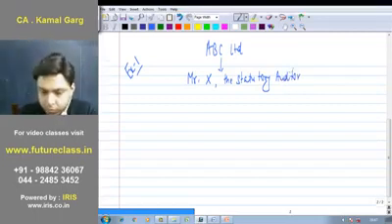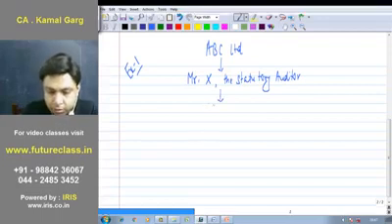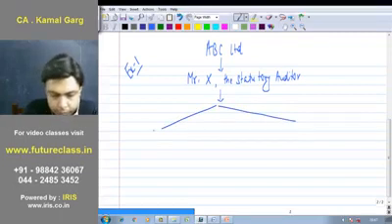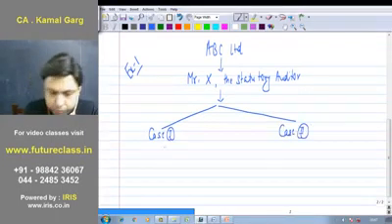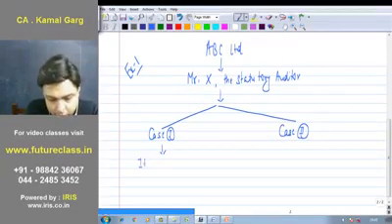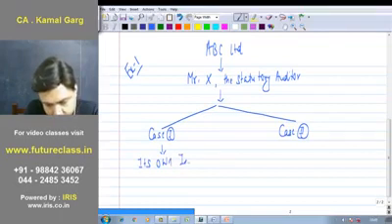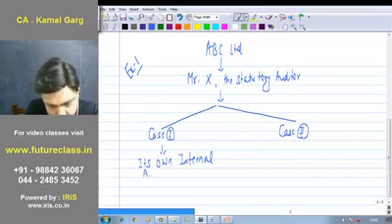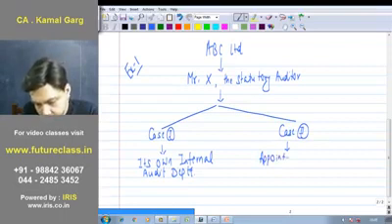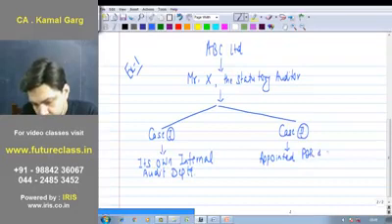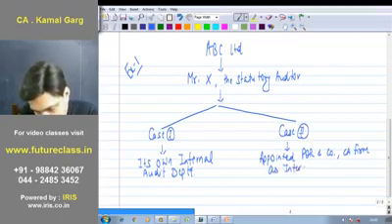Now, further information: case 1, the company is having its own internal audit department. Case number second, the company appointed PQR and Company, a CA firm, as internal auditors.